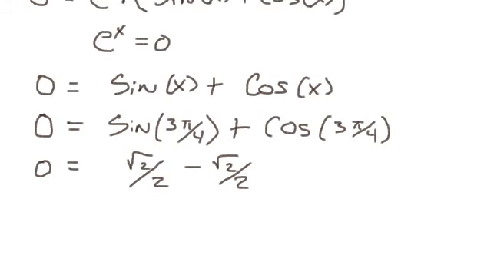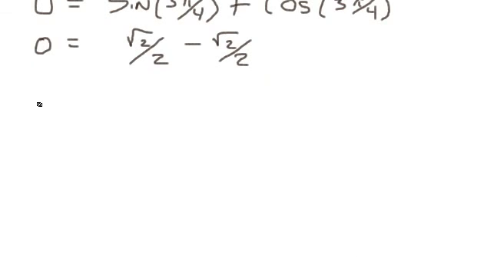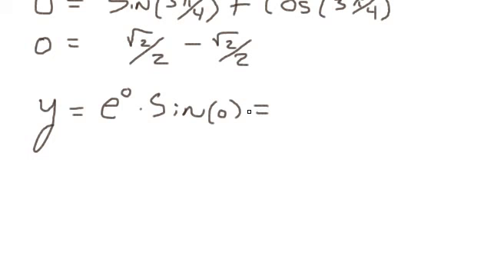And so what we're going to do now is plug both of our endpoints into the function again. So y is equal to, plugging in 0, e to the 0 times sine of 0, and that's going to be 1. Sine of 0 is 0, so we get 0 out.